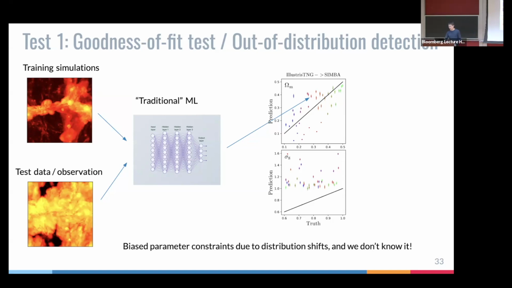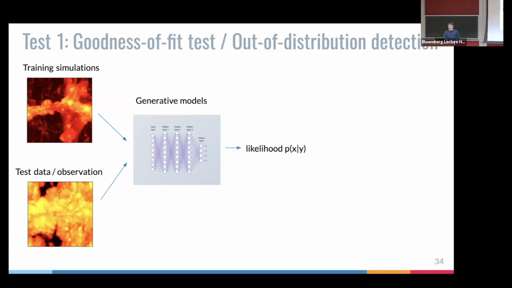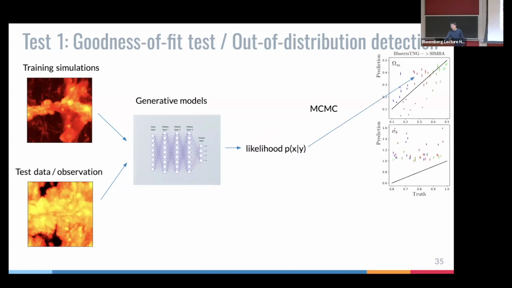If we do the generative approach, all we have is the likelihood function. We can run the MCMC and get the posterior. In this case, it's still biased because we still have the mismatch problem.